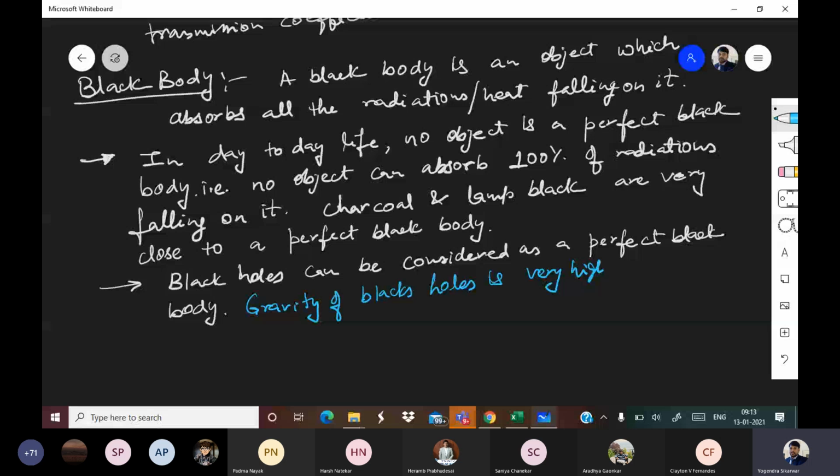Or gravity in black holes is very high, both have the same meaning, such that even light cannot escape from them.